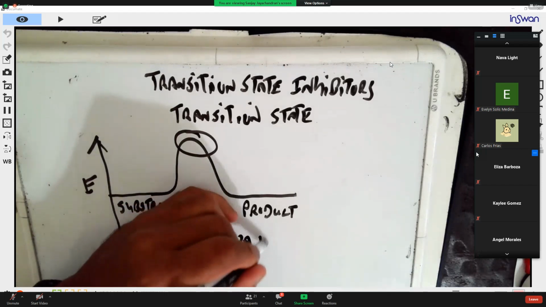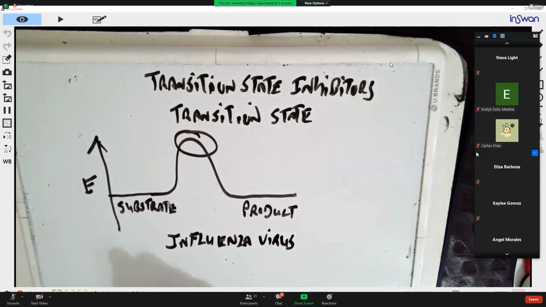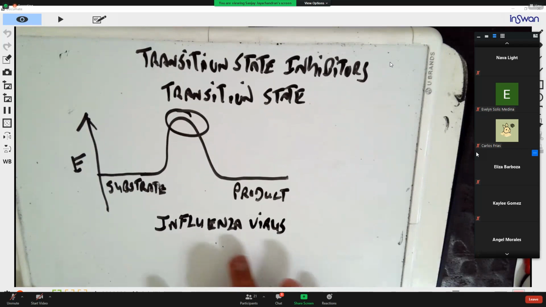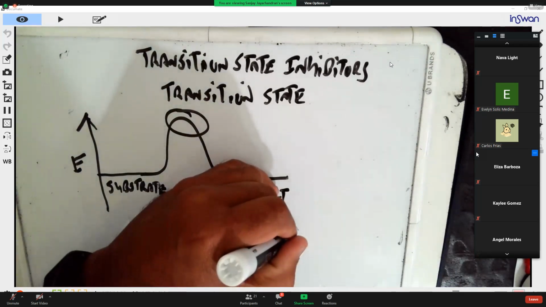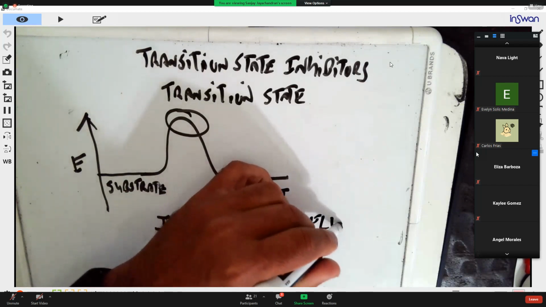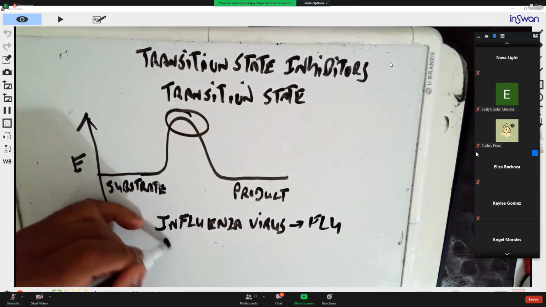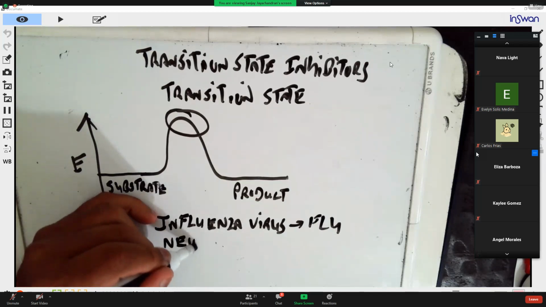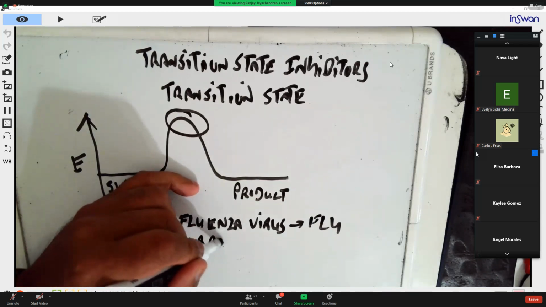What does the influenza virus cause? The flu. Okay, causes the flu. Okay, it has an enzyme called neuraminidase, N-E-U-R-aminidase.